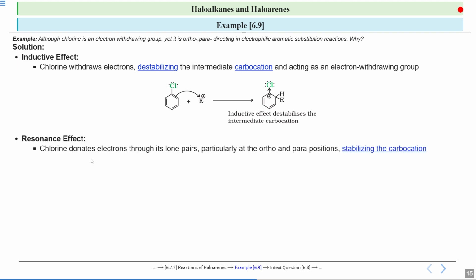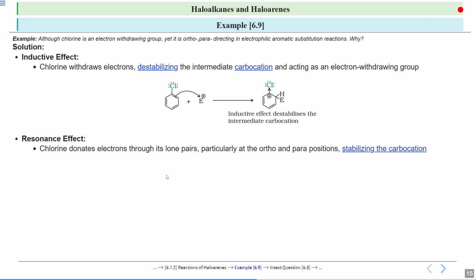So chlorine donates electrons through its lone pairs, particularly at the ortho and the para positions, stabilizing the carbocation. So along with the inductive effect, it is also showing the resonance effect, which involves the donation of the lone pair electrons, particularly at the ortho and the para positions of the benzene ring, via resonance.